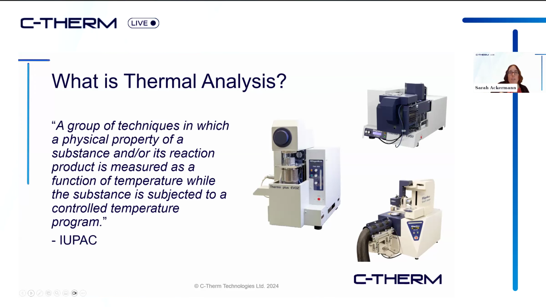So we have DSC, which will measure heat flow and temperature difference between a sample and a reference as a function of temperature and time. We also have TMA, which can measure dimensional changes as a function of temperature and time, and also force in the case of TMA.